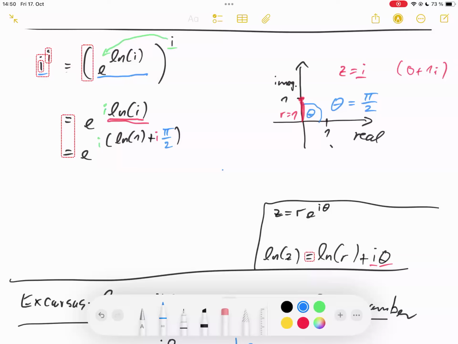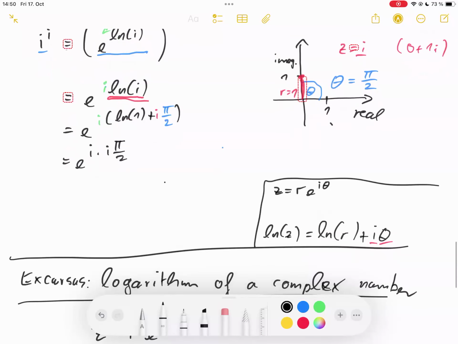Now I can try to simplify this, which is e to the power of i. ln of 1 is just 0, so it's i times pi half. And just to simplify it, we remove these parentheses, so we have i times i pi half, so it's e to the power of i squared times pi half.